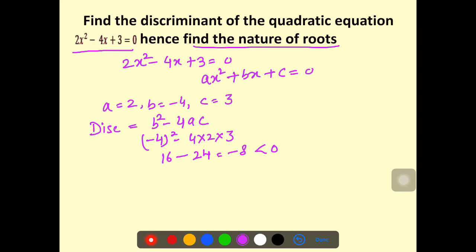Negative numbers are always less than 0. And if the discriminant is less than 0, roots are not real. This is the nature of roots.